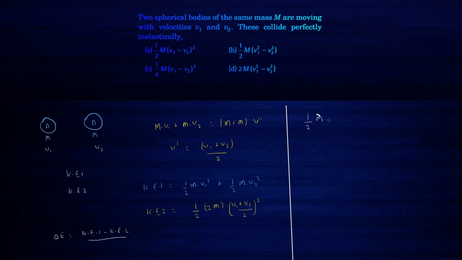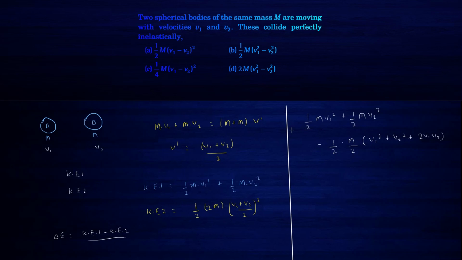Half m v1 square plus half m v2 square minus half m by 2 times (v1 square plus v2 square plus 2 v1 v2). I got this 2 outside, so it becomes 4.